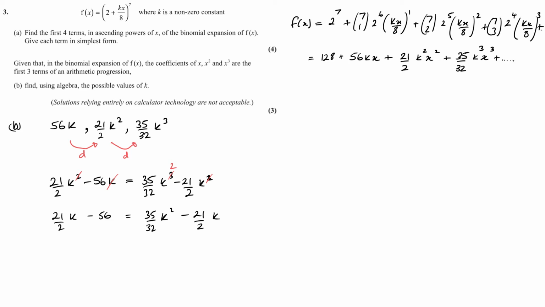So as we can see, we've basically got a quadratic, haven't we? So 35 over 32 k squared. Now if I take away 21 over 2 k from both sides, I get 21k, and then I add the 56. So there we have a quadratic.